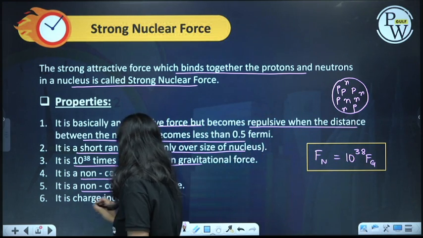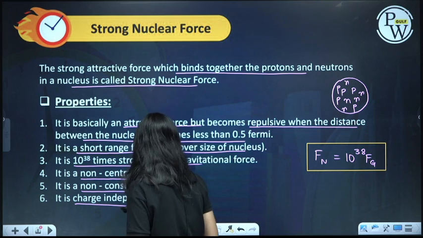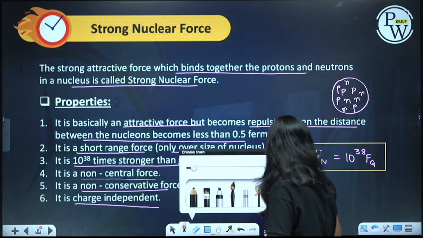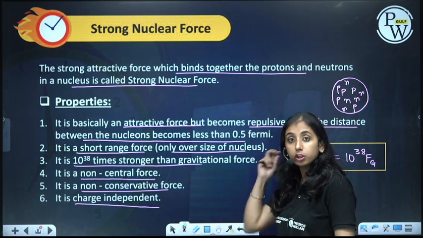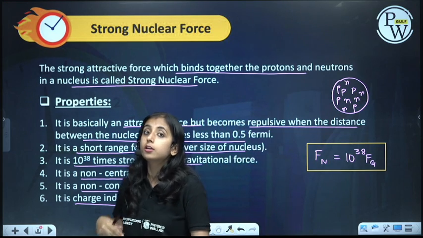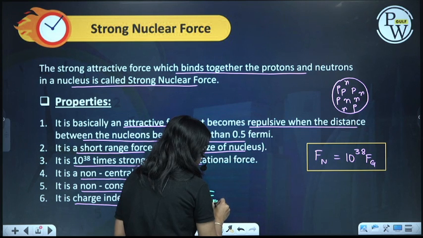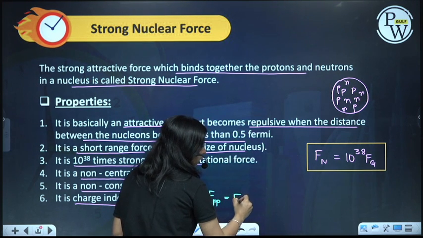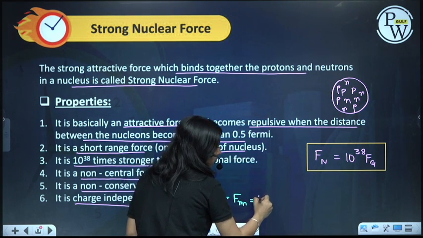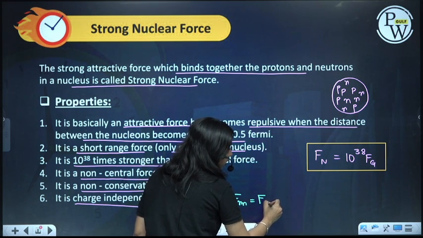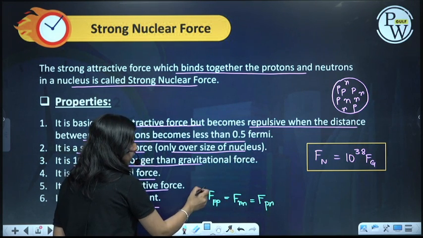It is a charge independent force. What do we mean by charge independent? It doesn't depend upon the charge of the nucleons. So the force between two protons will be equal to the force between two neutrons, and equal to the force between a proton and a neutron.